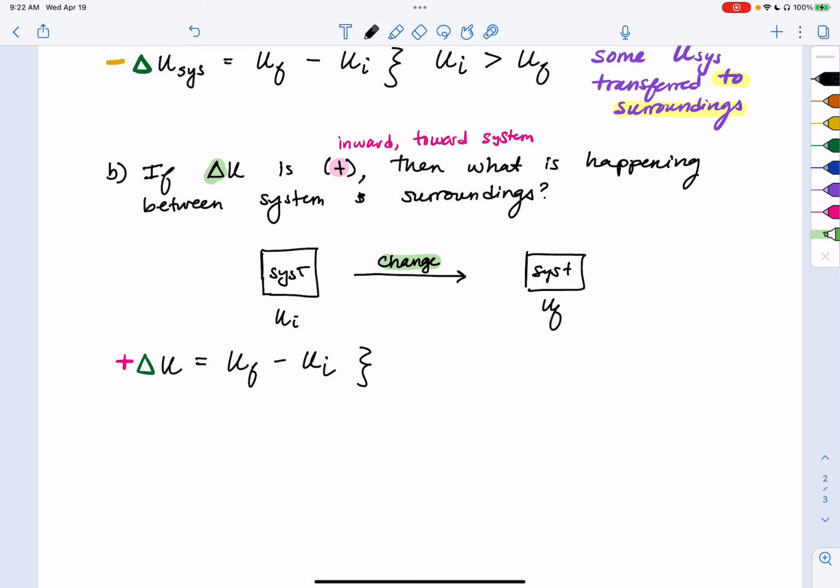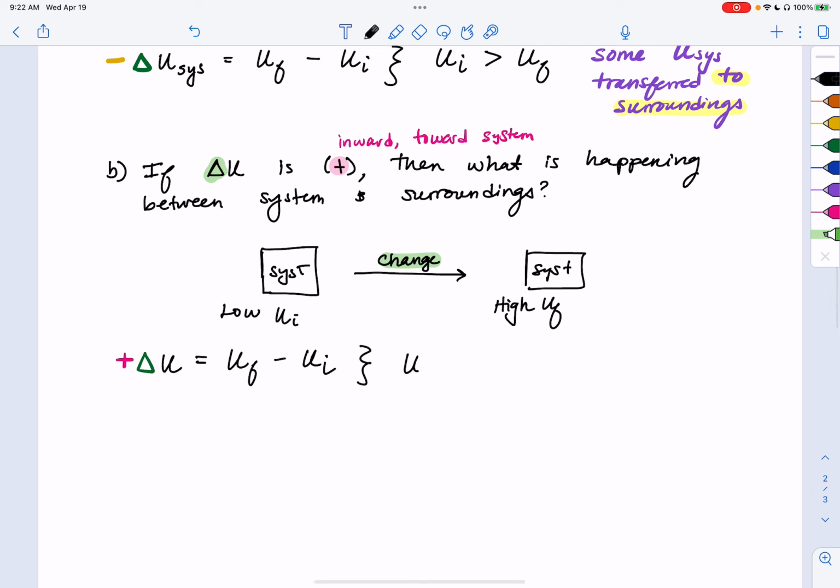Here, we need to have a higher amount of internal energy in our system after the changes happened compared to what we initially had. That's the only way that this result can be positive, if the final internal energy is bigger than the initial internal energy. So to put that mathematically, the initial total internal energy has to be less than the final total internal energy.